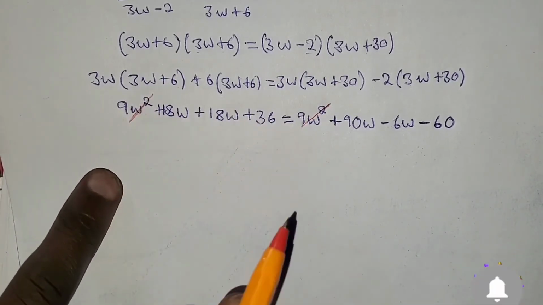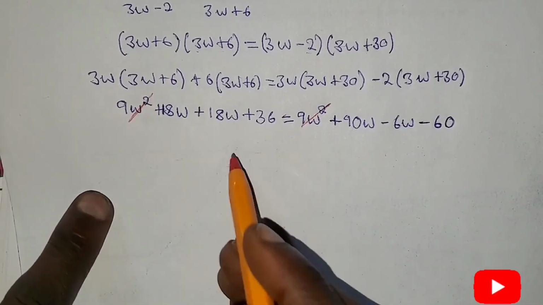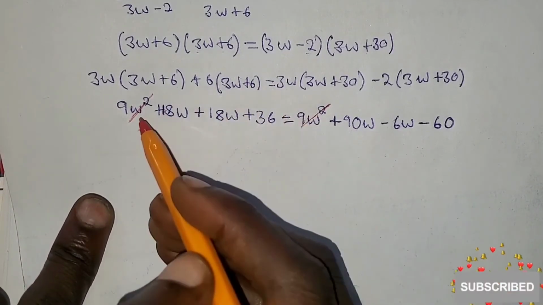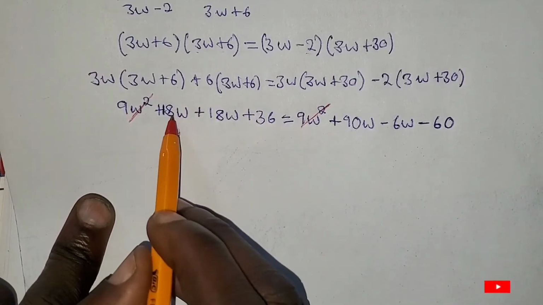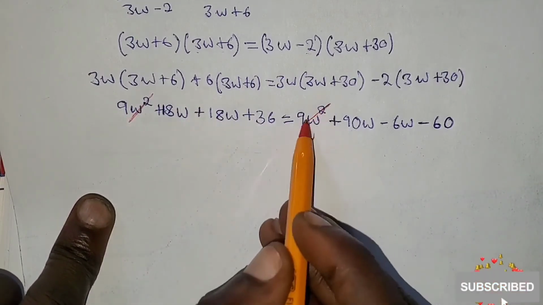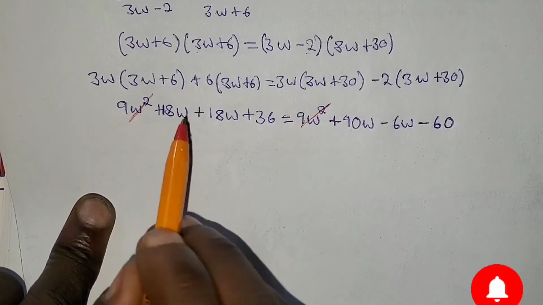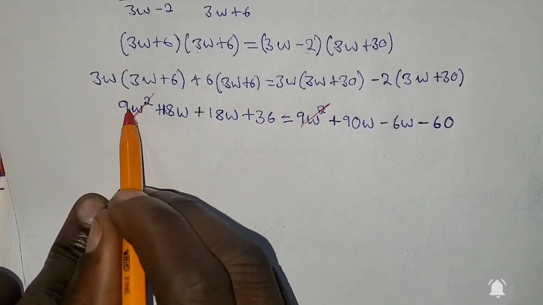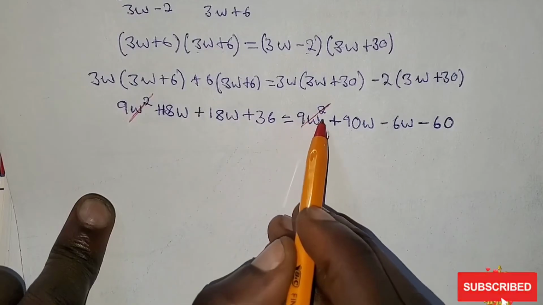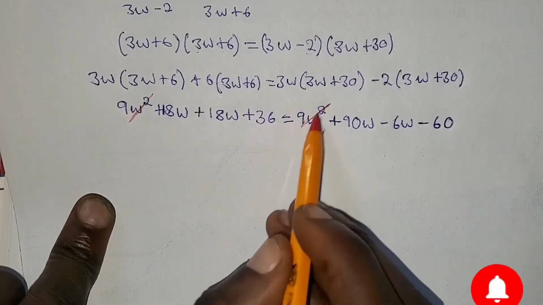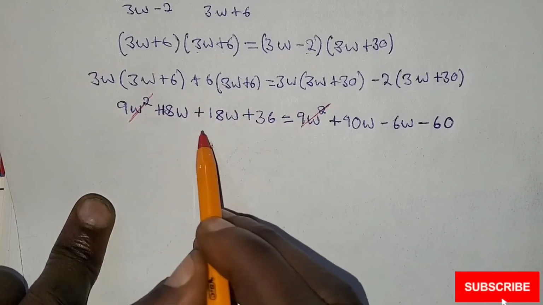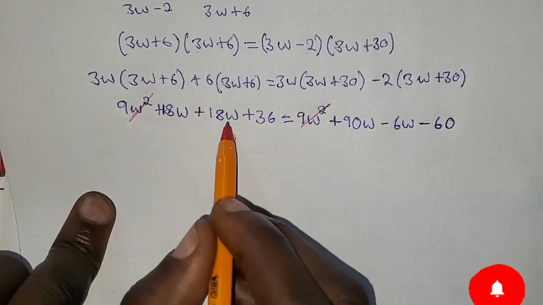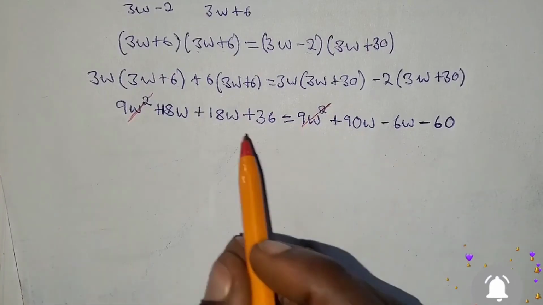So let's make this easy by cancelling. You can only do this if they are the same: here is 9w squared, and this one is also 9w squared. But if it was negative, you can't cancel, because when you take it to this side it becomes positive.